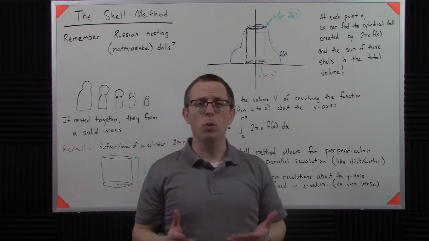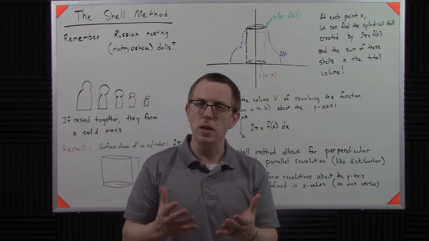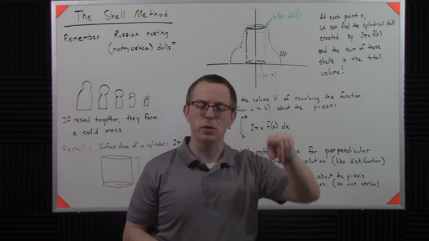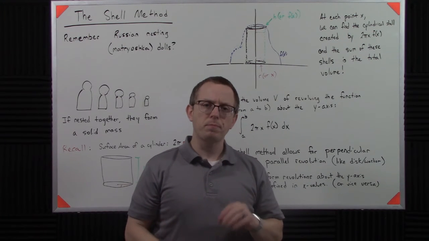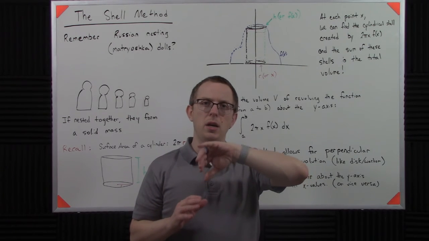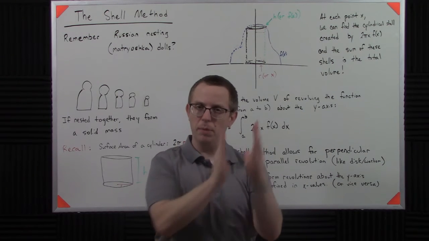Now, you had further problems if this wasn't an invertible function, and I don't believe that we discussed anything like that where we had non-invertible functions. Think like a sine wave or something like that. And if you had non-invertible functions, you would have actually had to define multiple functions of y based upon segmented domains.